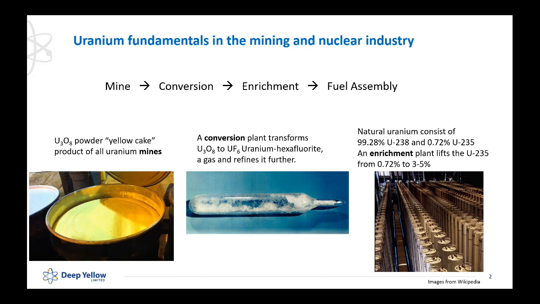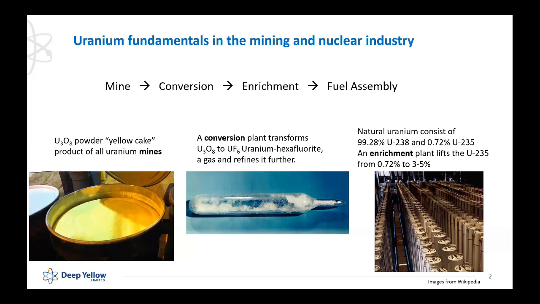Once it's converted, it needs to go into the enrichment. And the reason for that is that natural uranium has two isotopes, 238 and 235, and in natural uranium, about 0.72% is that 235 uranium, which is the source of energy we use in nuclear power plants.